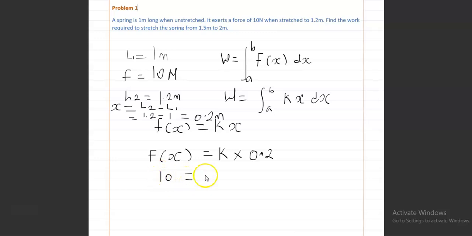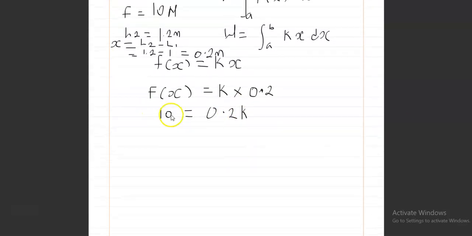So 10 equals 0.2k. We divide both sides by 0.2, then we have our k to be 50. The force is in Newton and the extension is in meter, so that's 50 Newton per meter.